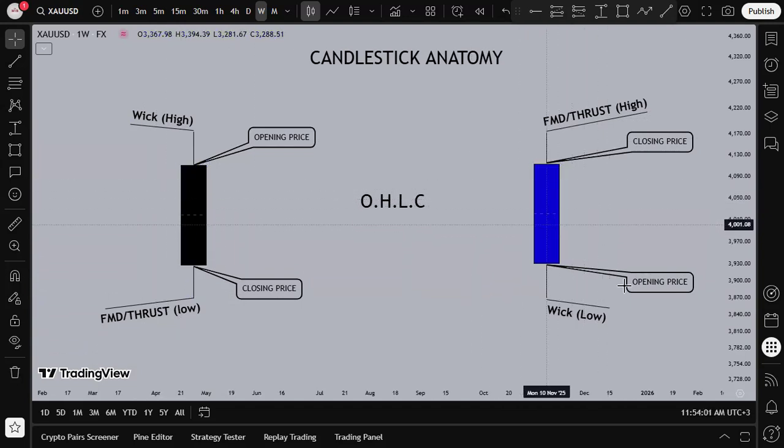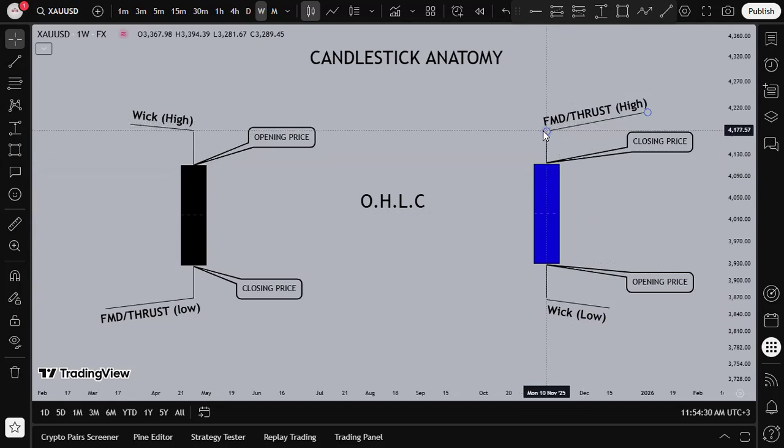And you can see in the bullish candle it's the same thing, but upside down. We have the opening of the candle, the opening price, where the participants agreed on that price at that certain point, and then the price went lower. The price went lower to create a low of the week, and the price went up.